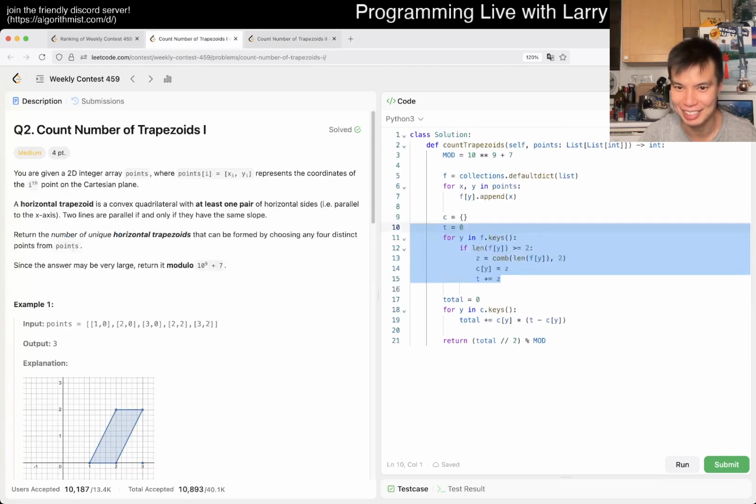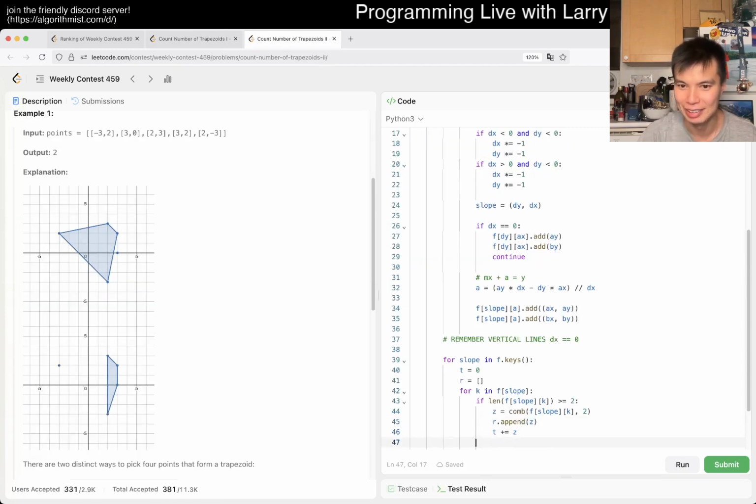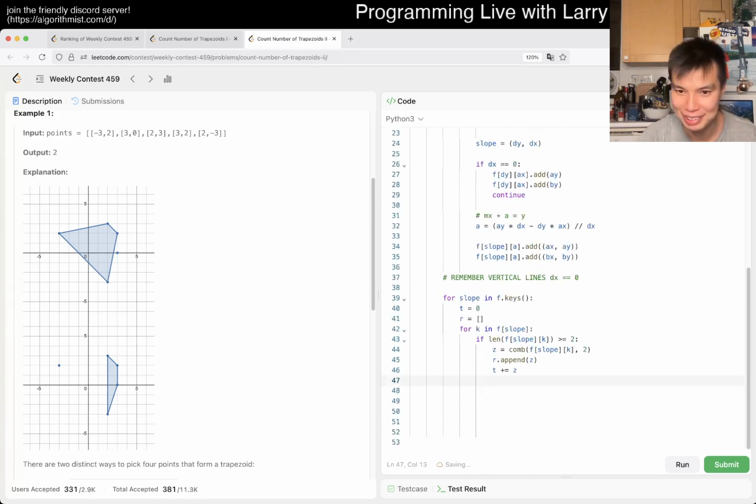Okay, let's double check. I think that's right, except that I put it here instead, because I always mess things up. Okay, so then now we have the total, right? And then yeah, it's just for z and r, we have an actual total. Actual total could be outside.